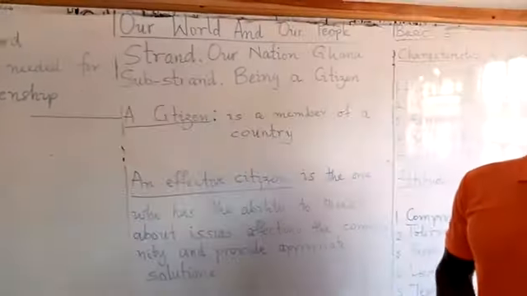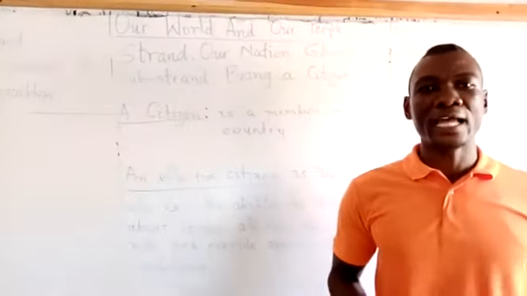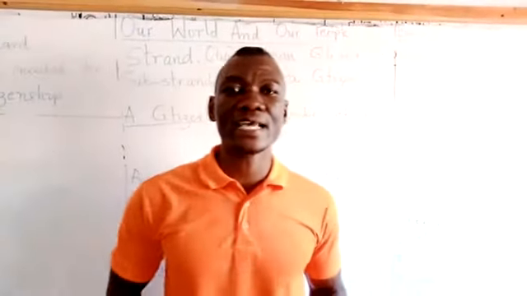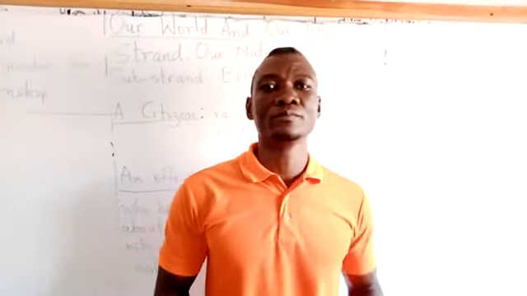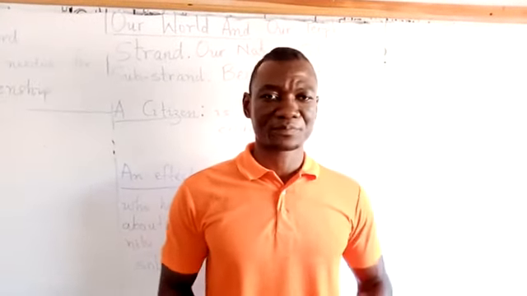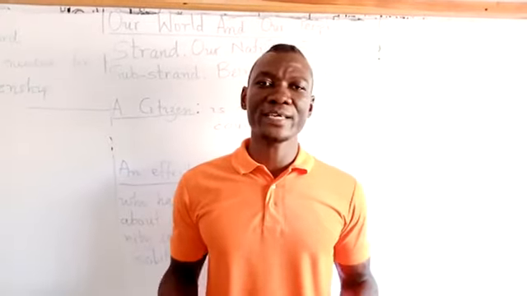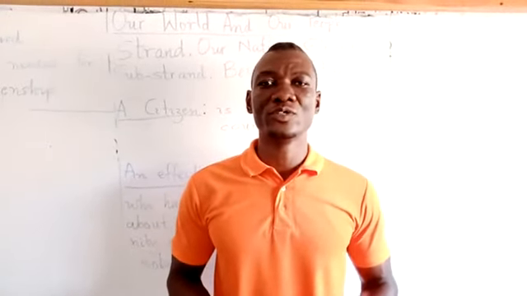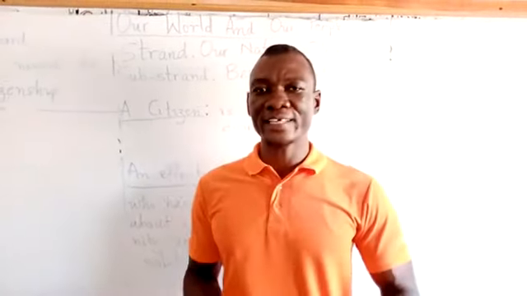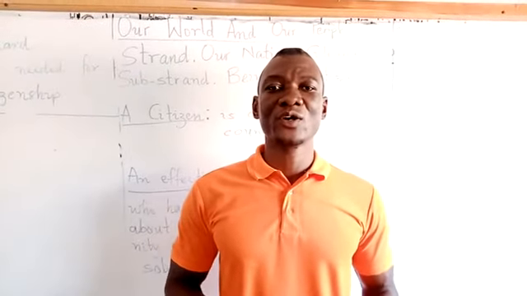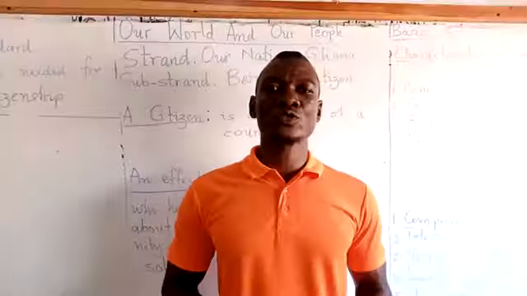We all belong to groups, and our belonging to a group makes us a member of that group. For example, I belong to a school, and that makes me a member of that school. You belong to Faith Hill Community School, so that makes you a member of Faith Hill Community School.